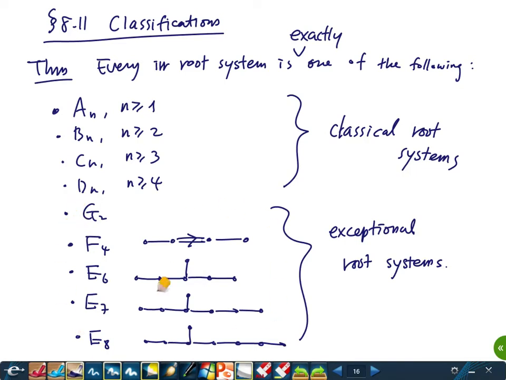you can see it's a finite object, so it's only a finite set of roots. You know the explicit description of this, so you can just use a computer to check whether this root system has the property. This is quite common nowadays to prove some theorem about root systems. The classical ones are infinite families, so we have to prove them by hand. But for the exceptional ones, just use the computer.